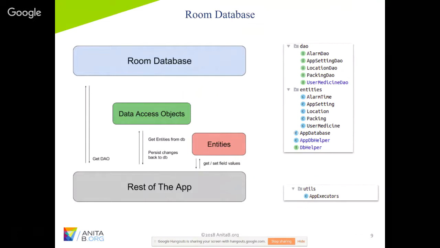basic SQLite usage. The first reason is that in the basic SQLite implementation, I have no compile time verification of the database. Let's suppose I'm writing a query for SQLite, and it might be wrong.